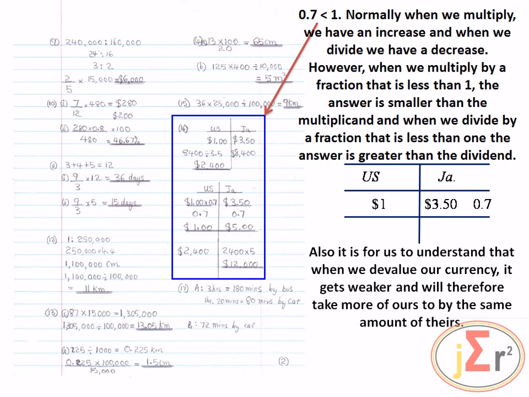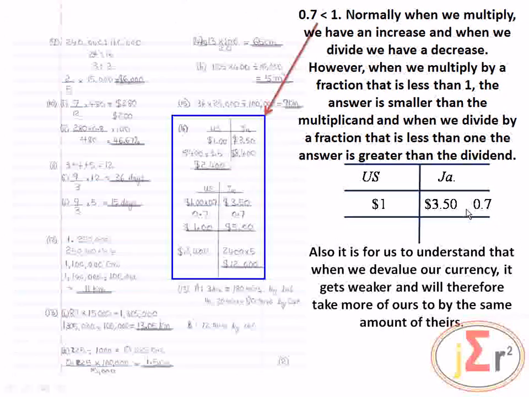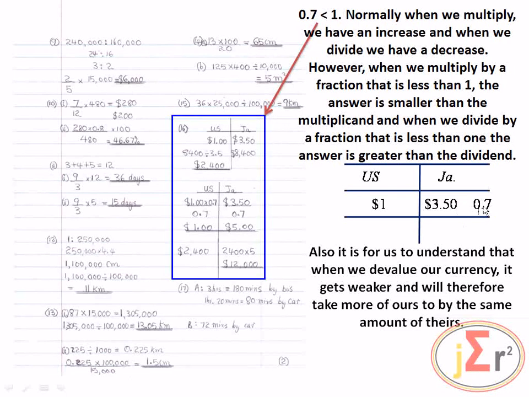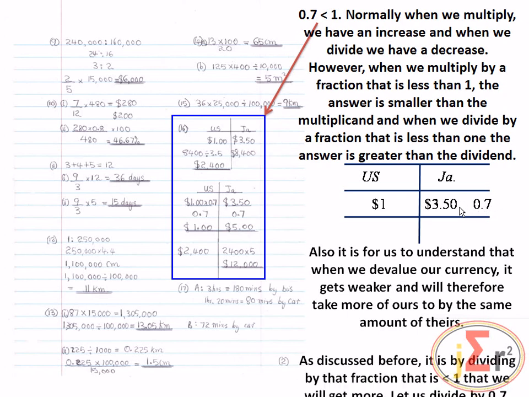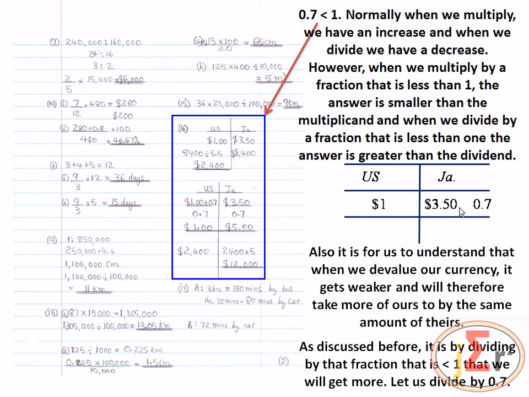Therefore, it will take more, and if it takes more, what do we do? Multiply? No, we do not multiply by 0.7, because multiplying by a fraction that is less than 1 will result in a value that is less than the multiplicand. Therefore, we will divide by 0.7.